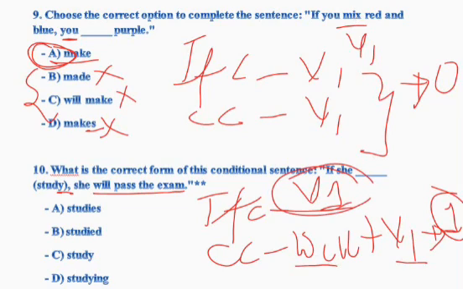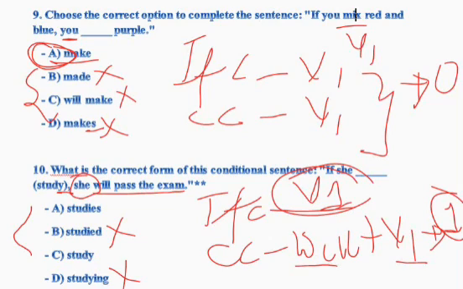Accordingly, B cannot be the answer. D cannot be the answer. Therefore, as we did in the preceding question, we have to choose either A or C. The subject given to us here is she, singular.